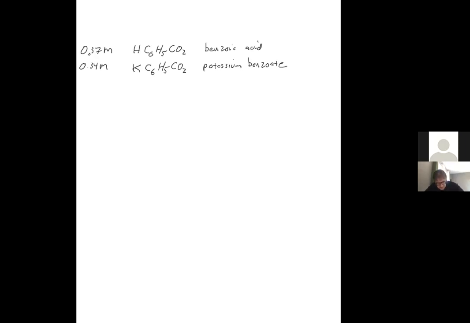So let's take a look at this. The general way that you deal with this is you take the acid, okay? We're going to assume that everything is soluble in water and react the weak acid with water. Okay.